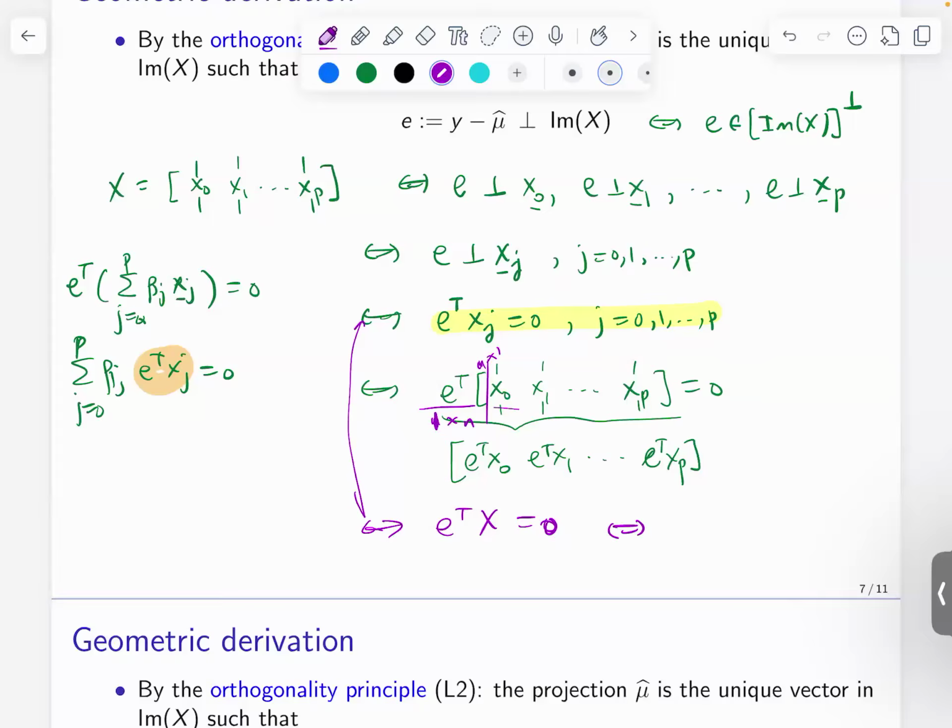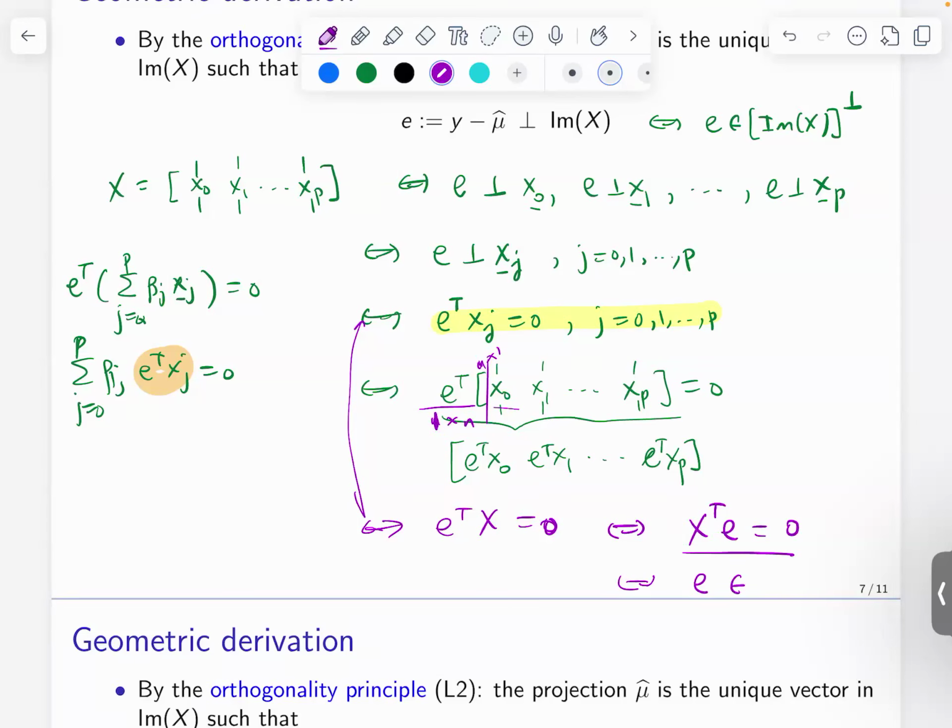If I take the transpose of both sides, I get X transpose E equal to 0 transpose, though I don't keep track of the dimension of the 0. Transpose switches the order. Now, what does this mean? X transpose E equals 0.